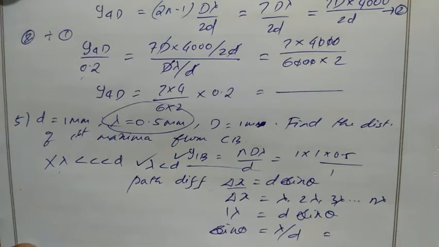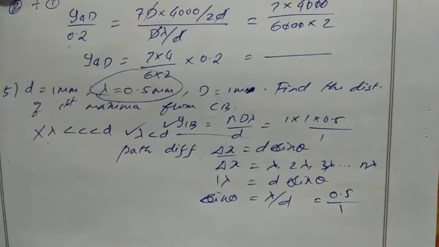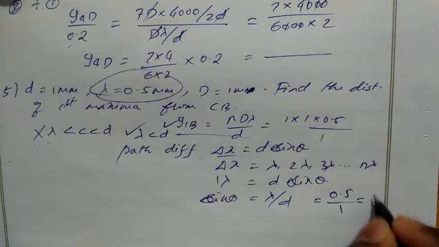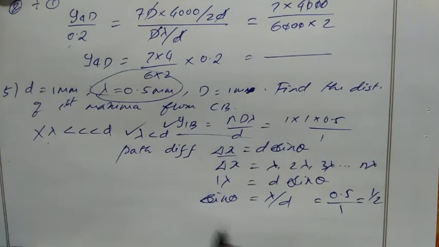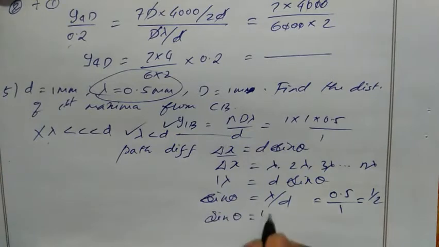So what is lambda value? Lambda is given 0.5 and d is given 1. We can also write it as 1 by 2. So sin theta equal to 1 by 2.